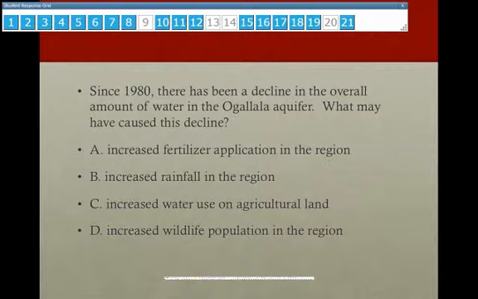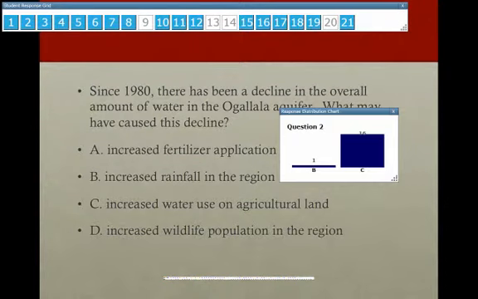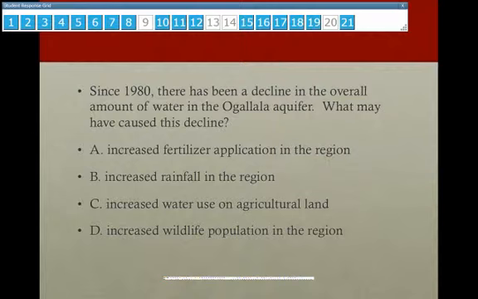Okay, the answer is C. Yes. Okay. I was thinking, why did you first pick B? Right. Increased rainfall would increase the water in the Ogallala Aquifer.